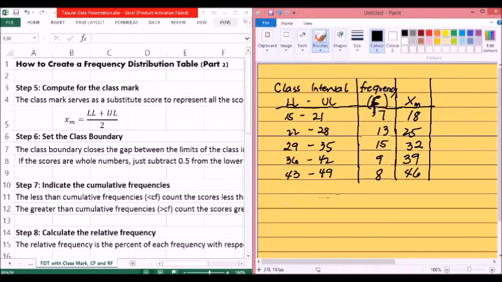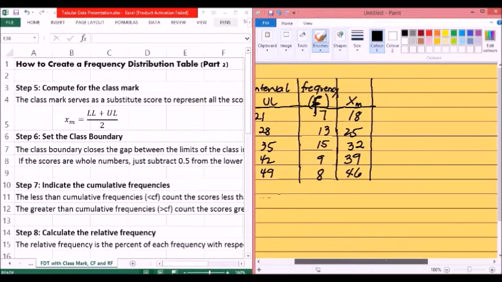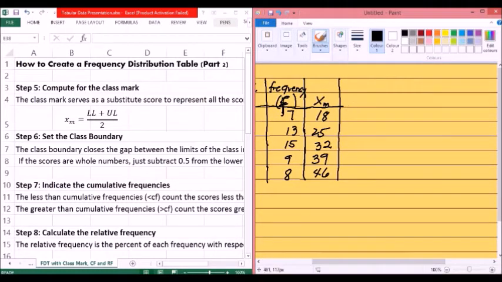Now, let's go to the class boundary. The class boundary also has an upper limit and a lower limit, LL and UL, lower limit and upper limit.